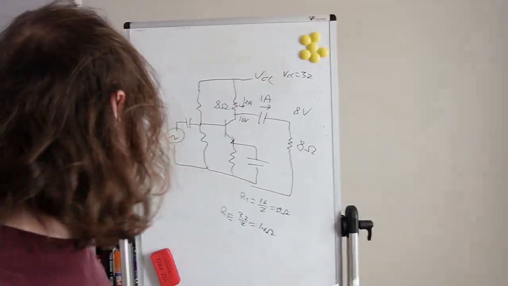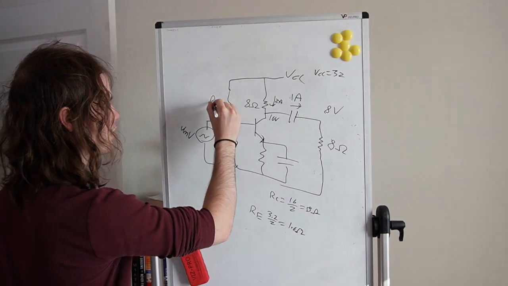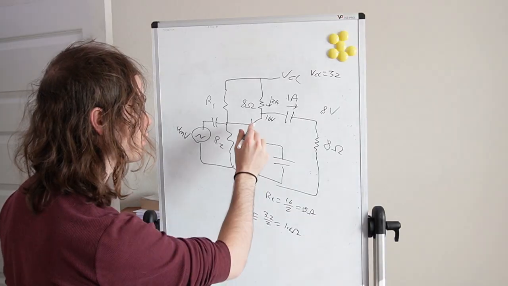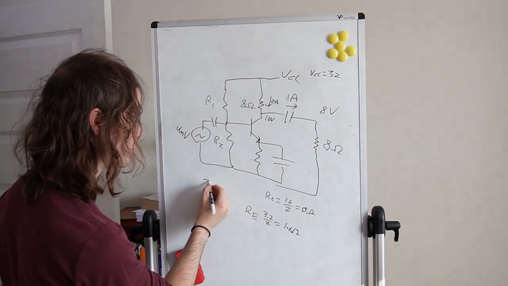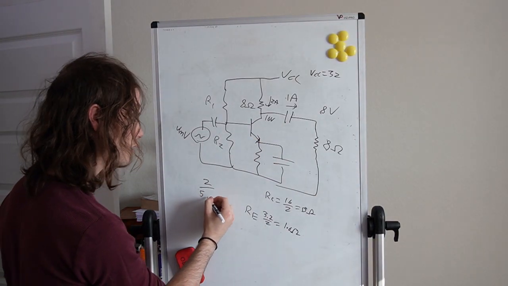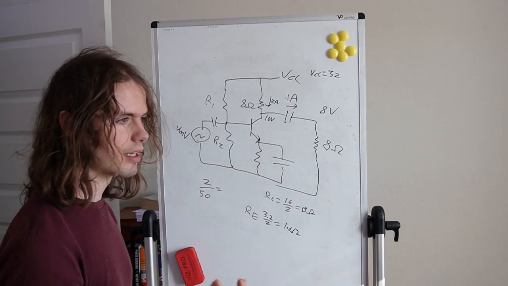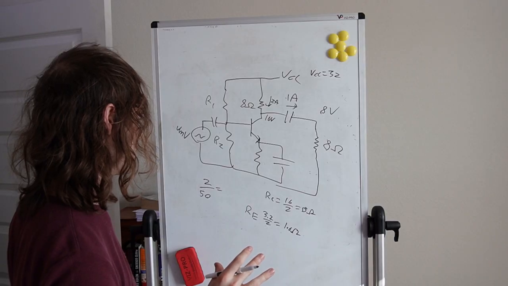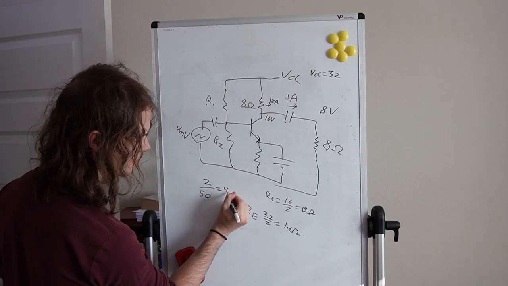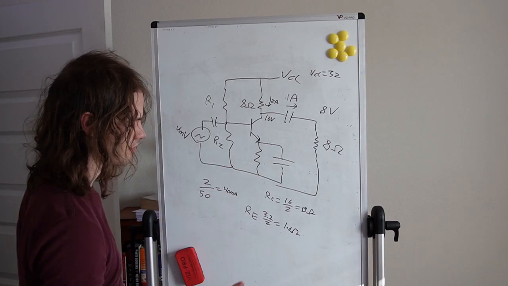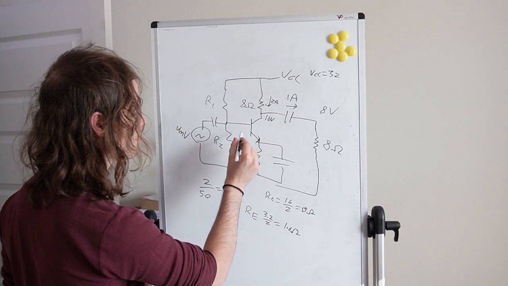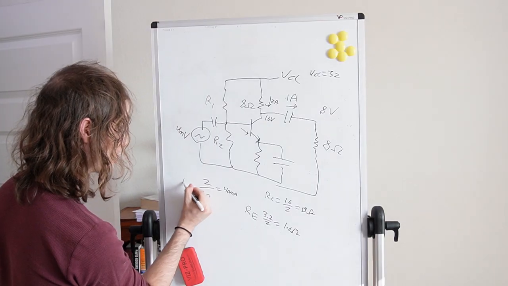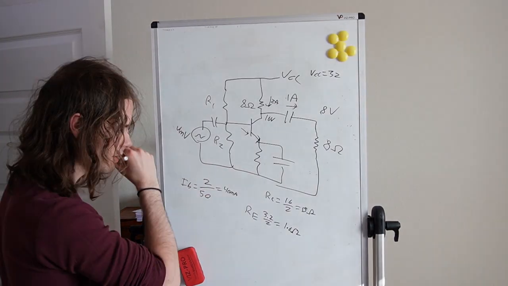Okay, so then after that, we just have to calculate R1 and R2. Assuming a gain of 50, we can take 2 divided by 50, or 200 divided by 50. I think that's 40 milliamps. So we need 40 milliamps into the base, because we did the IB equation.